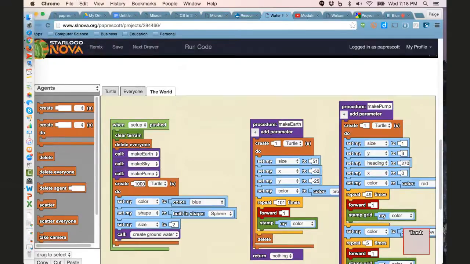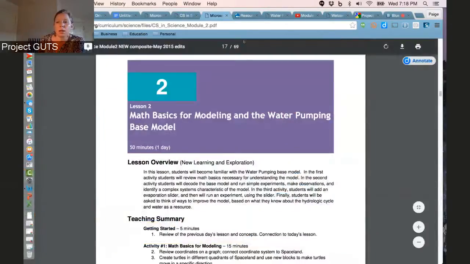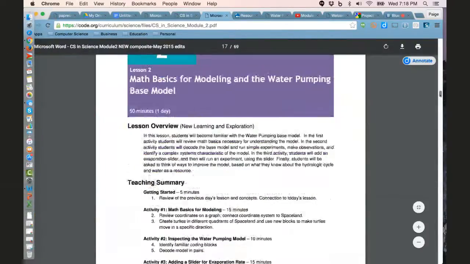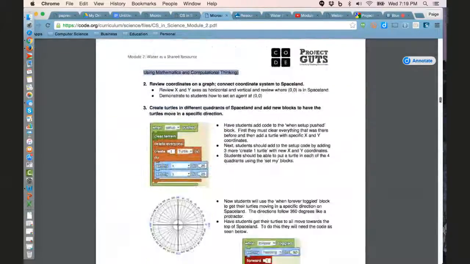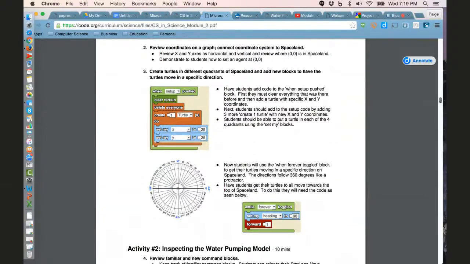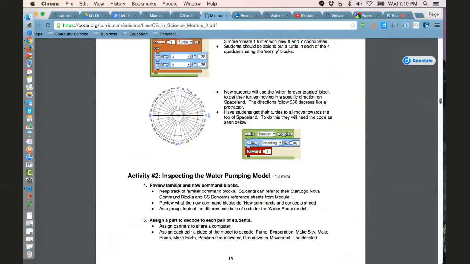After that, so that's lesson 2. Lesson 3 moves us into, we have some information here in our module for water as a shared resource to talk about the math that's in the StarLogo Nova, sort of the Cartesian planes, the quadrants, and the X and Y coordinates, and then also heading as it relates to a protractor.